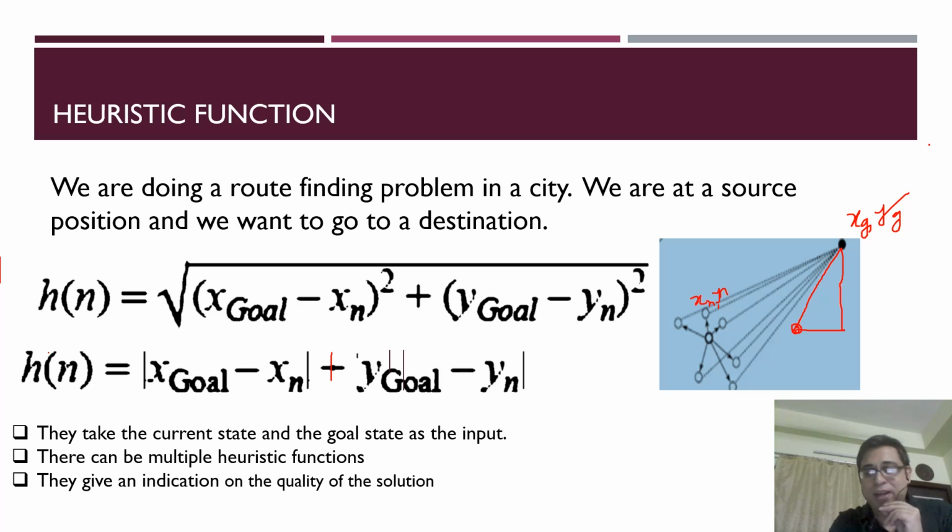Are you understanding? Can you tell me, for a route finding problem, from your common sense, why this may not work well? If I move from this to here, why may this not be a good decision?